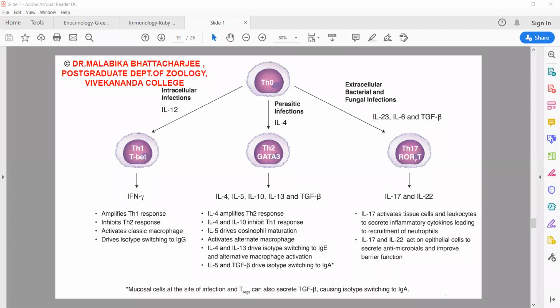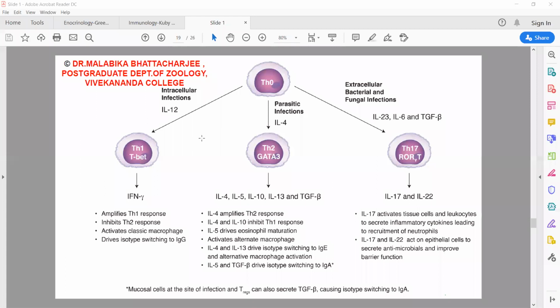So depending on the cytokines produced, whenever there is an antigenic exposure in the blood, the mature CD4 positive lymphocytes or the helper T cells can further differentiate into three basic populations. Each population or each subset has a specific function.